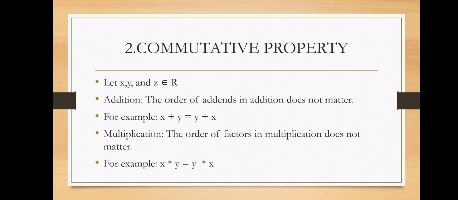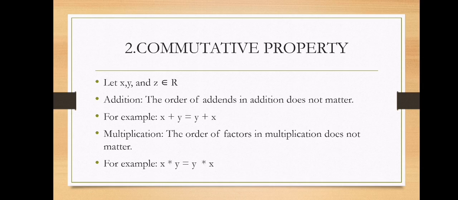So, in commutative property, let X, Y, and Z be elements of a real number. In addition, the order of addends does not matter. For example, X plus Y is equal to Y plus X. Kahit balik-baliktarin natin, magkapareho lamang.